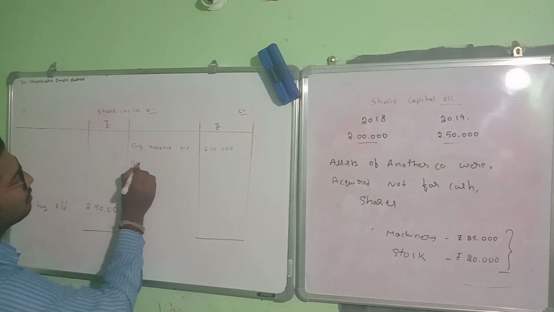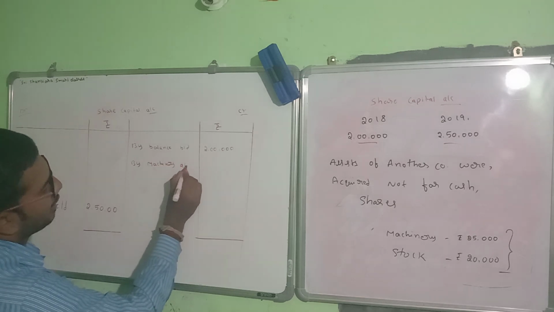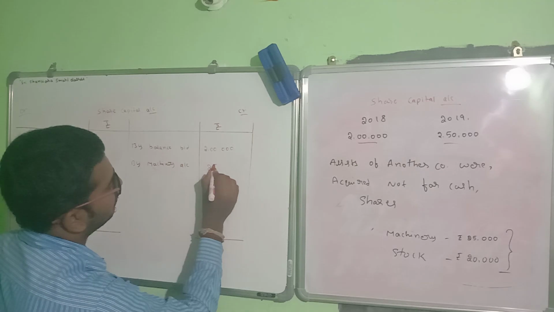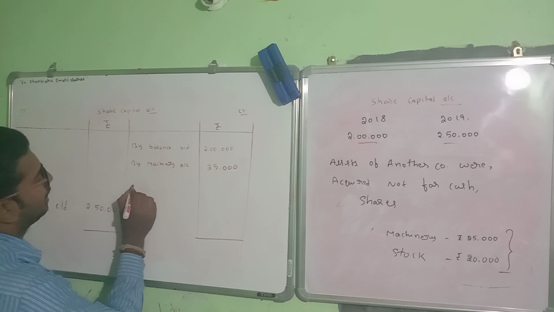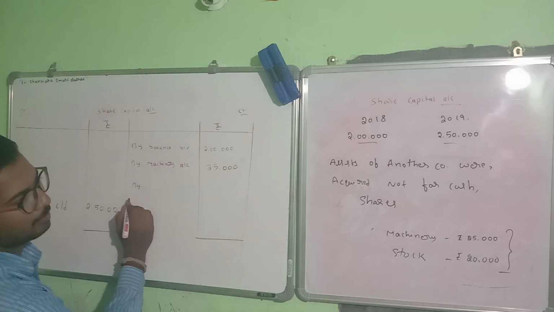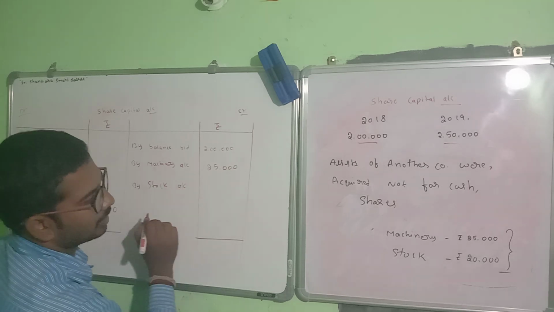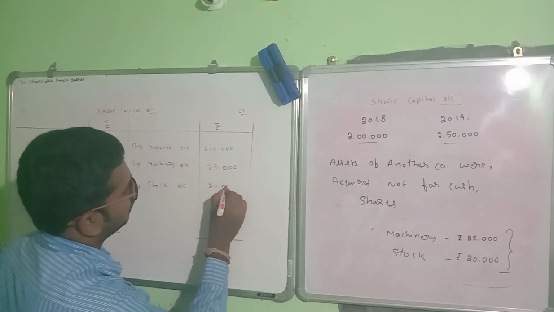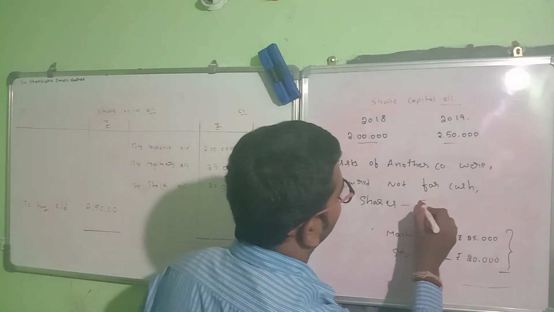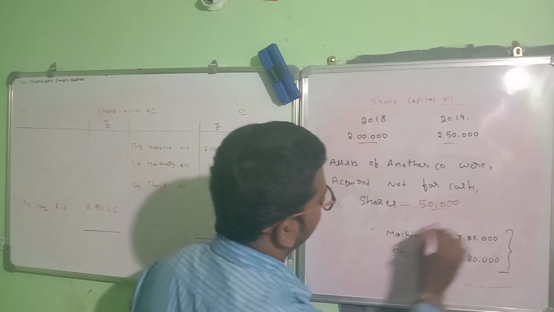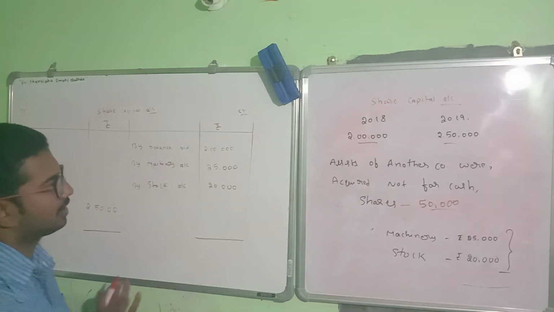To buy machinery account, 30,000, and buy stock account 20,000. Let's see, the acquired shares are worth rupees 50,000. So only two entries. Overall assets acquired worth rupees 50,000.